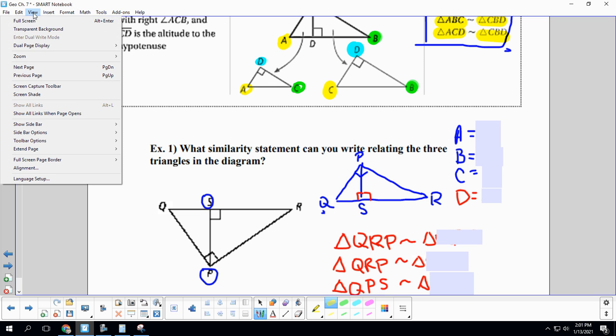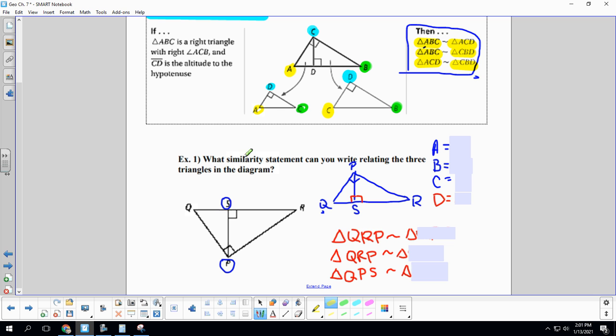Let's change and widen this out a little bit. Okay, so what similarity statement can you write relating the three triangles in the diagram? Firstly, I wanted this big triangle to be flipped over so it's oriented the same as this triangle here.